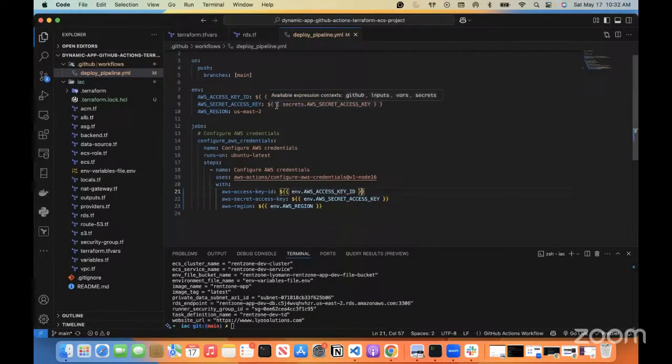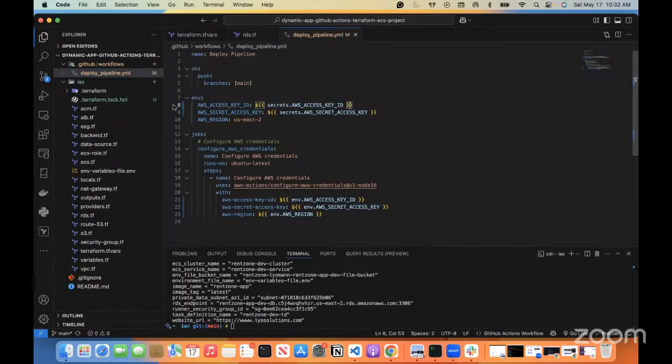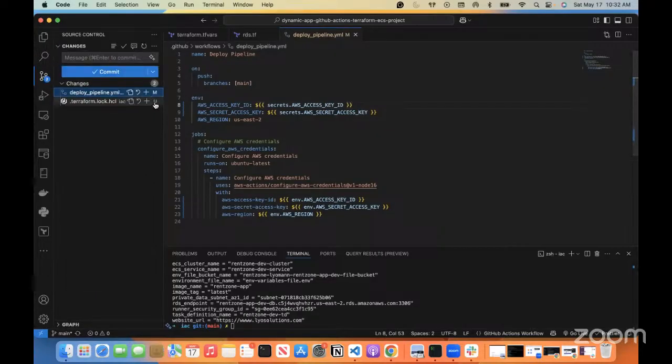All right. Also on line 8, 9. Okay. All right. Now push this one and let's see. Okay. Let me just paste in the issue.